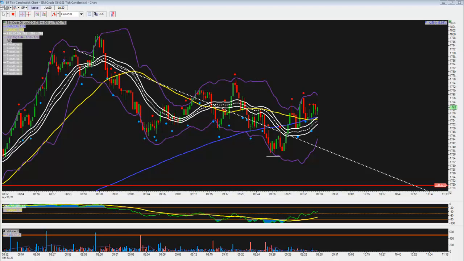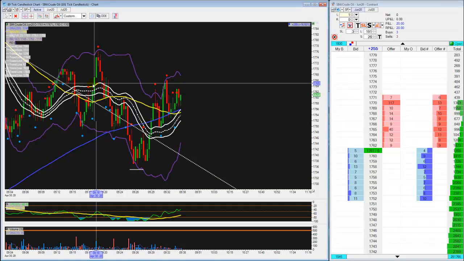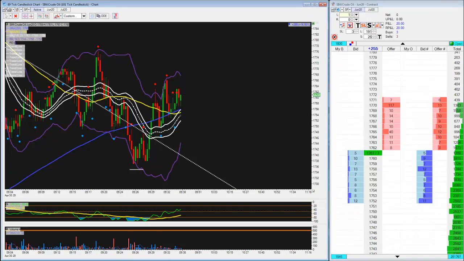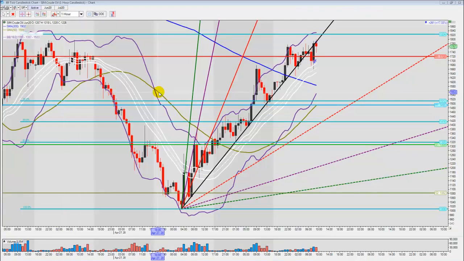Volume lead the way here. Get me out of bad trades. Pause. All right. Look at this thing holding that line. It won't hold it forever, but it is holding it now.